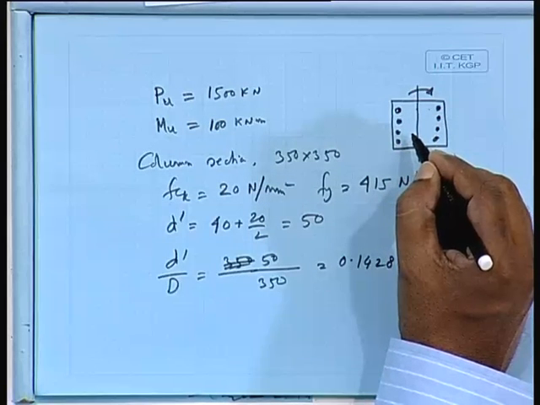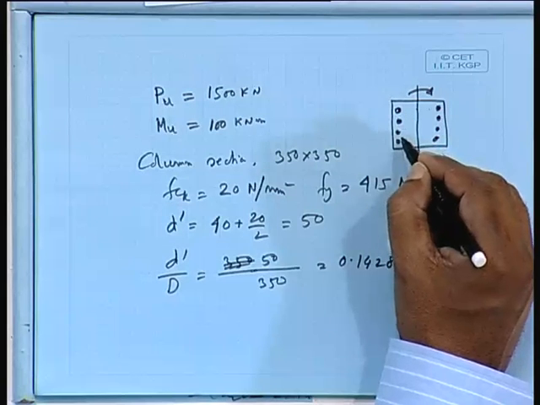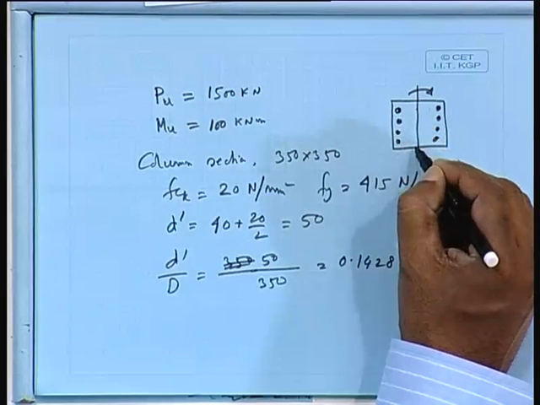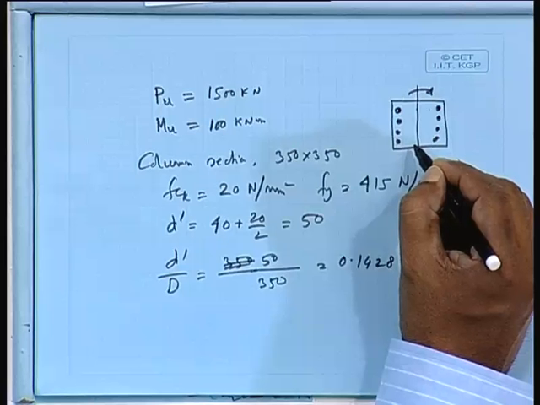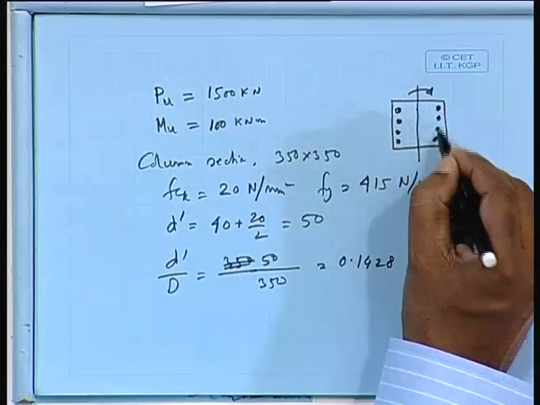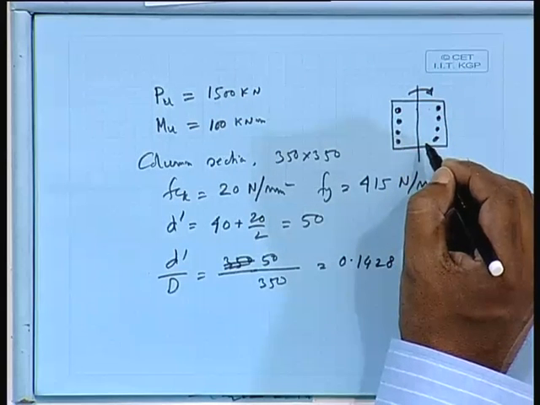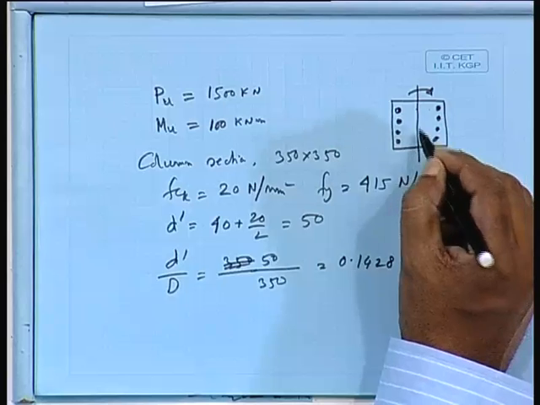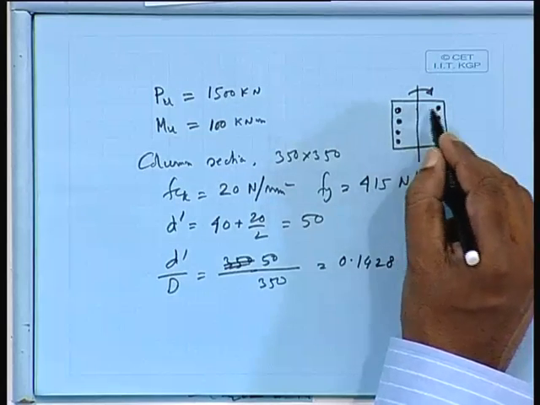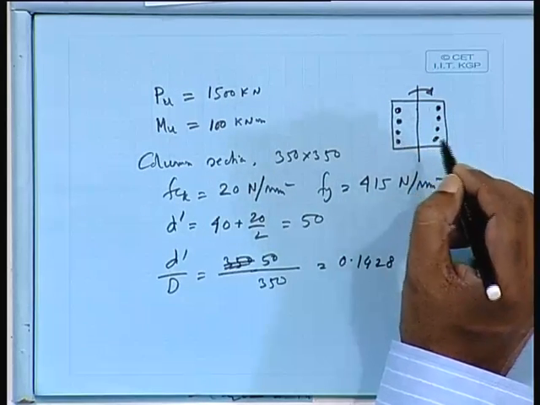But when you are talking about moment, if you provide these bars far away from this axis, they will take the maximum moment, and that is why we provide reinforcement on two sides only. Okay. But if it is biaxial bending, then we have to provide it on all four sides.